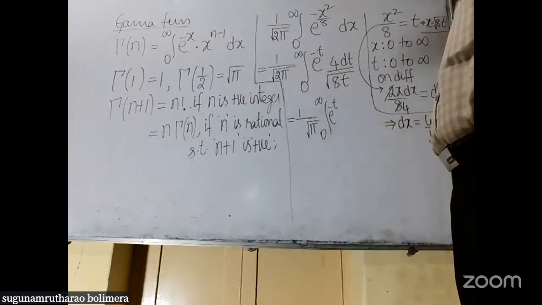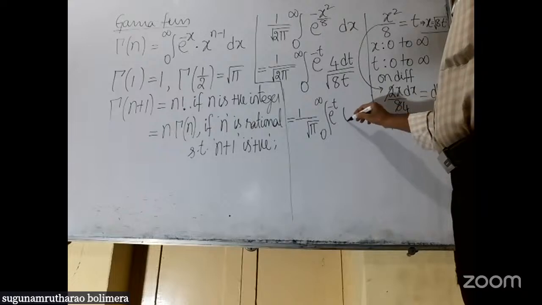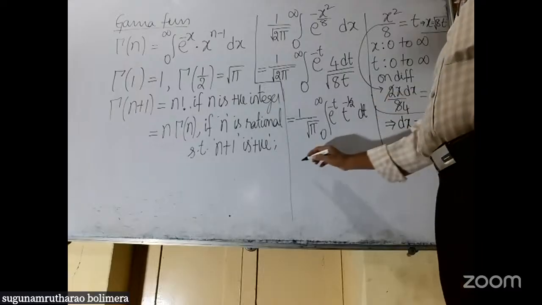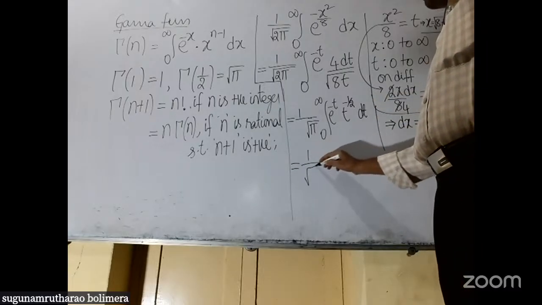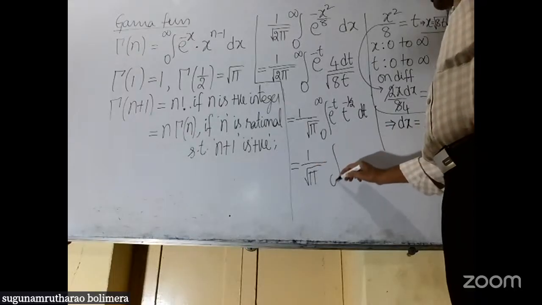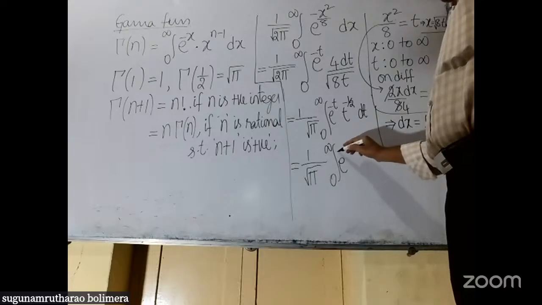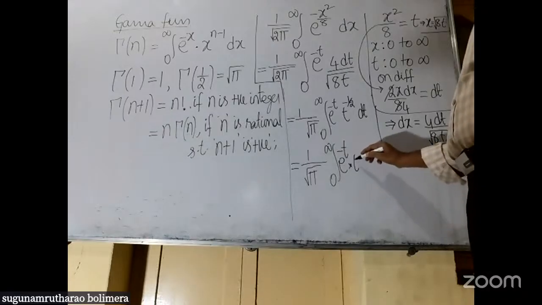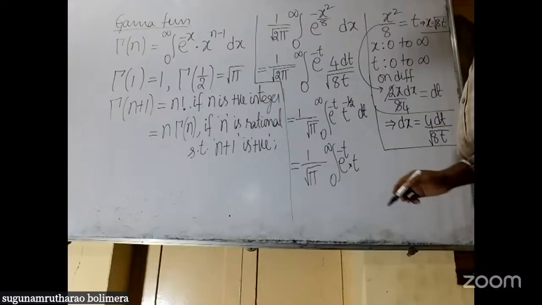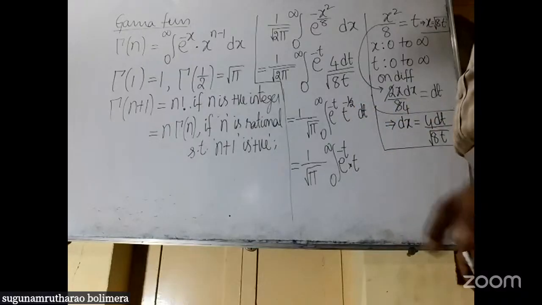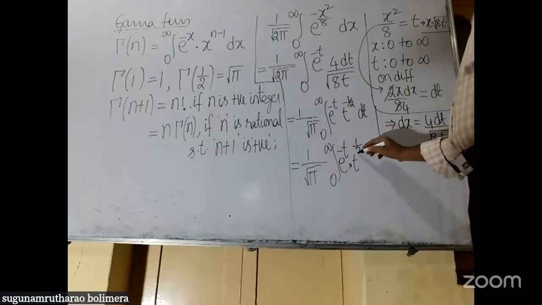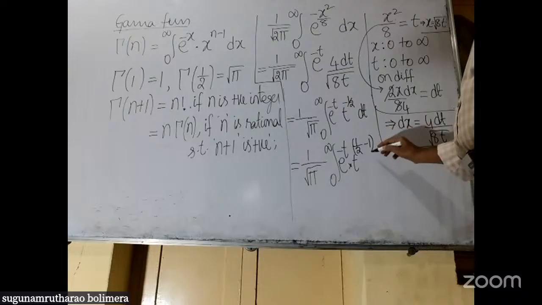Now t power minus half can be written as t power 1 by 2 minus 1, dt.